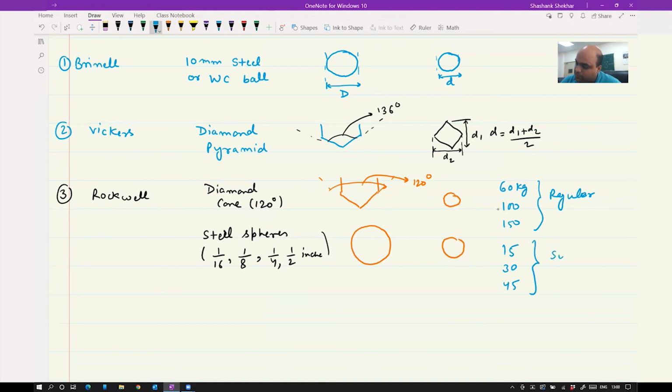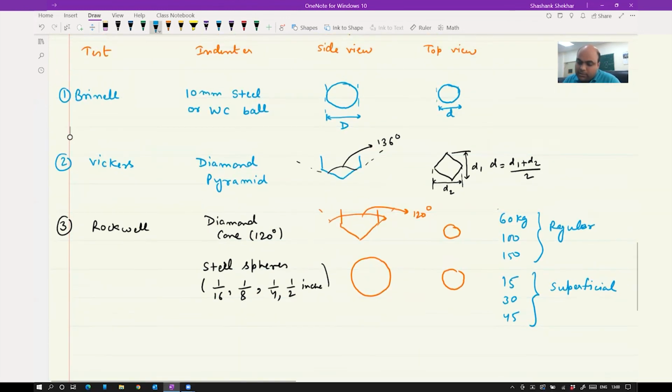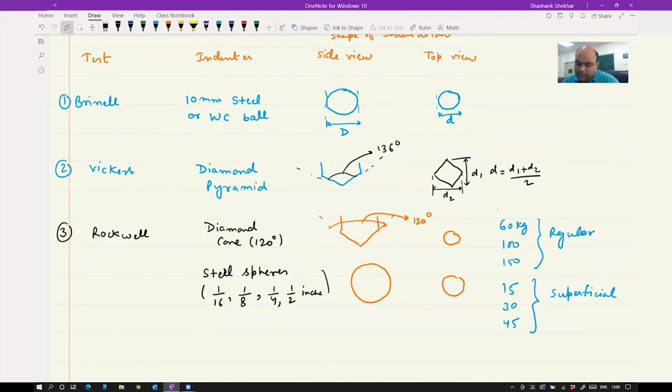This was superficial. So we have discussed the Rockwell, Vickers, and Brinell hardness tests, that is your indentation hardness. We have also discussed scratch hardness and rebound hardness. Okay. Thank you.